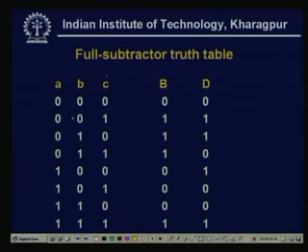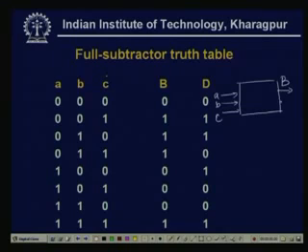For all possible combinations, there are now 3 inputs. So, this is my full subtractor circuit: the 3 inputs are A, B, the 2 operands, and the borrow denoted by C, and the outputs are the next borrow generated and the difference of these 2 bits.